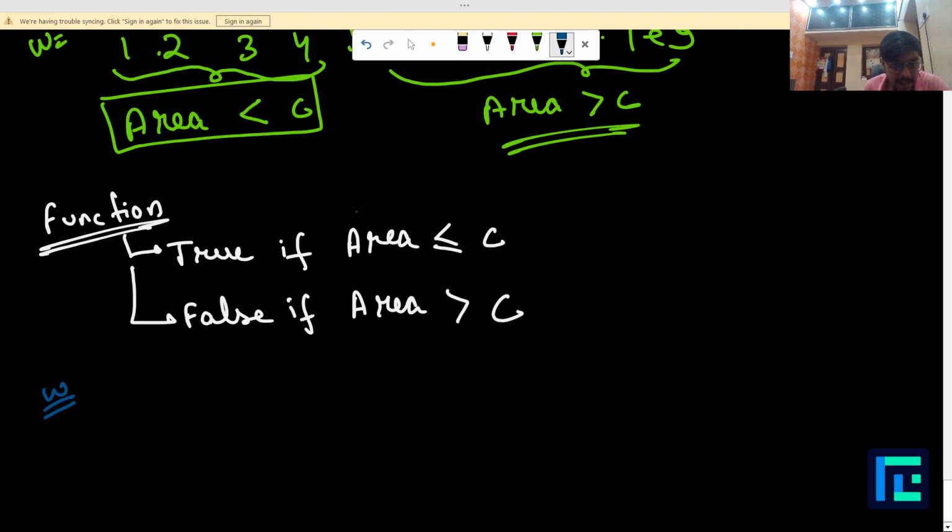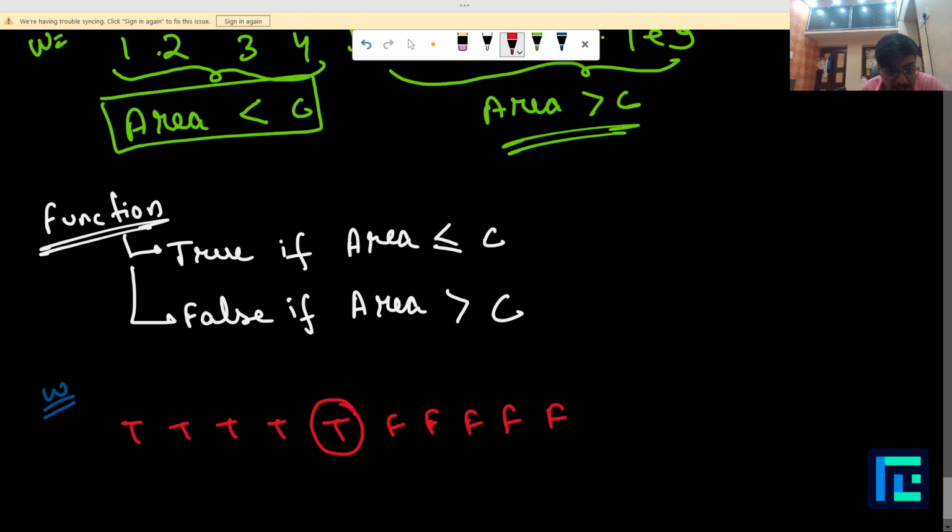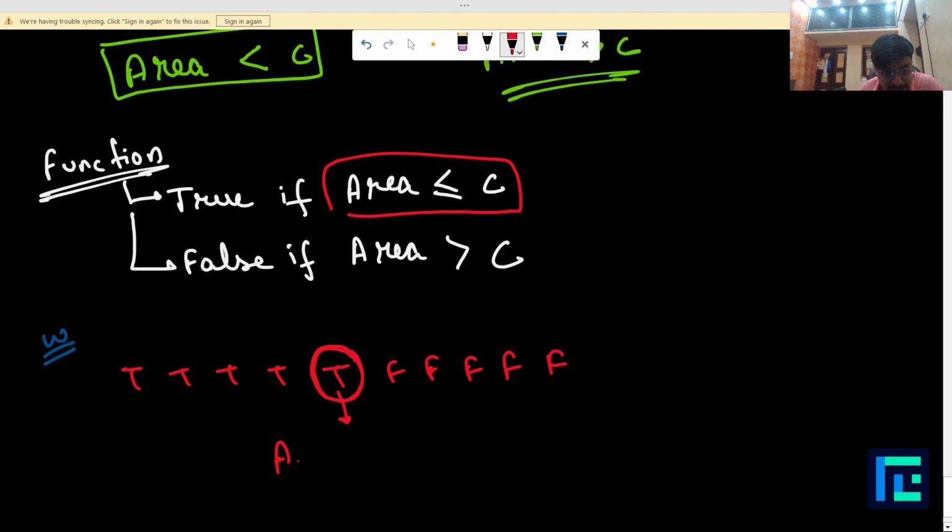The result that I will get is something like this: true, true, true, true, true, false, false, false, false, false. And what I want is the last true, right? That is the biggest value of W at which my area is lesser than or equal to C, because at this particular W my area will actually become equal to C. As the question says, there exists a W for which area becomes equal to C. So this W will be my answer.